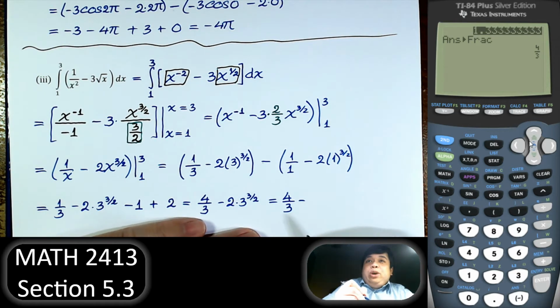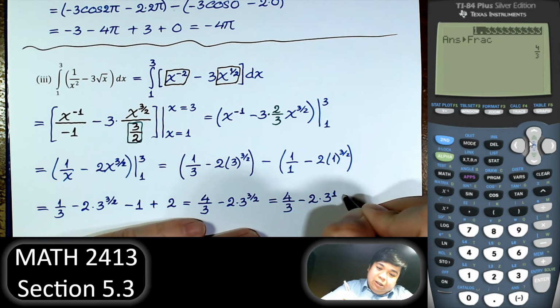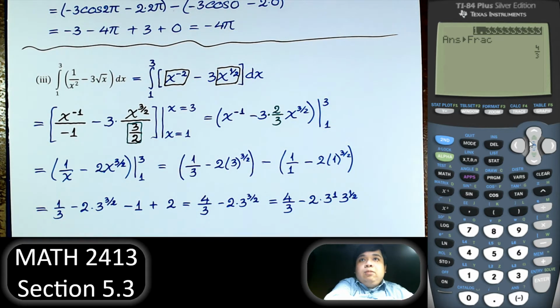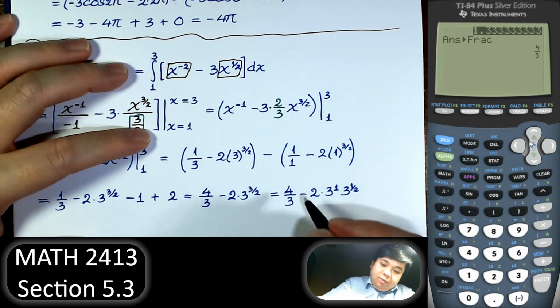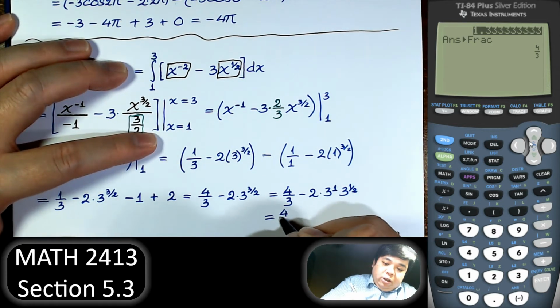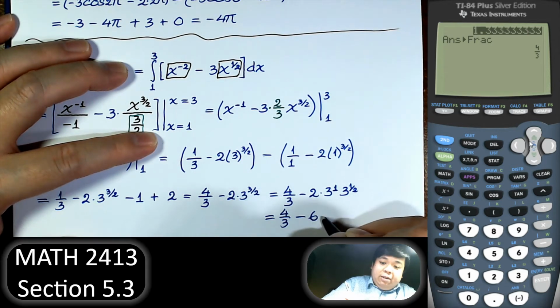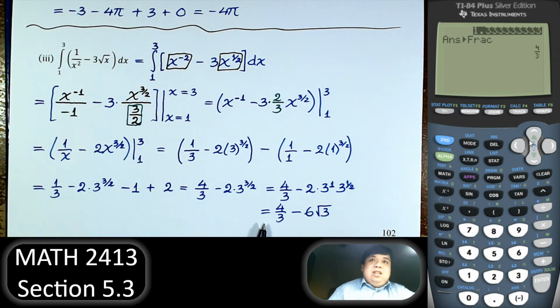So 3 to the 3/2 is 3 to the first and then 3 to the 1/2, right? 1 plus 1/2 is 3/2. So we split the whole part and the fractional part. And then we have 4/3. 3 to the first power is 3, and 3 to the 1/2 we can say is square root of 3.